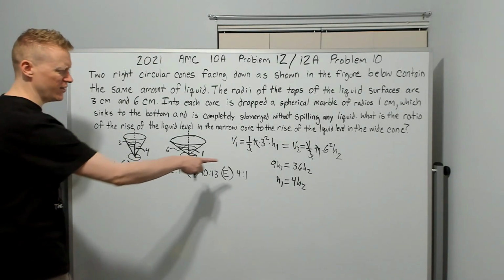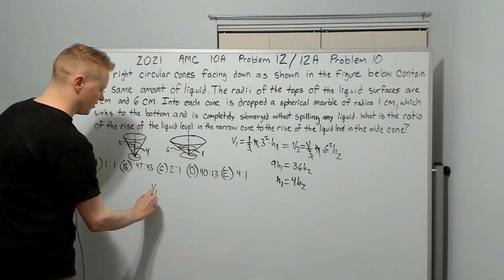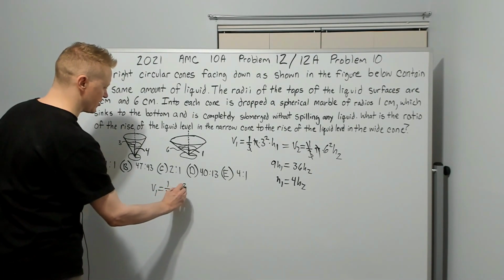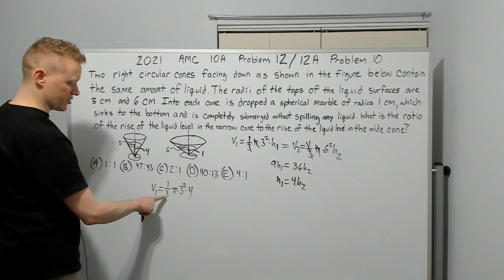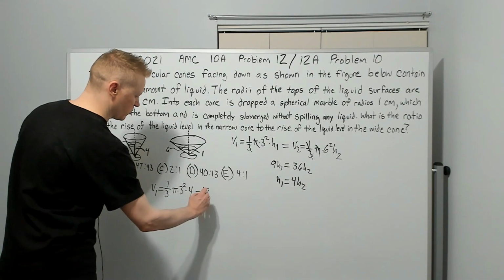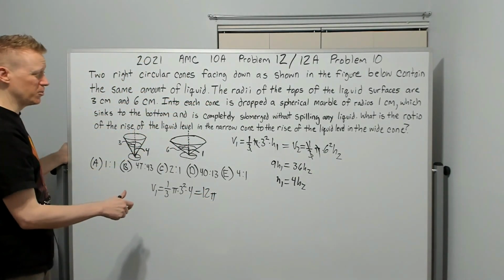And so our previous volume, now that we've assumed the height is 4, our volume 1 will be 1/3 pi times 3 squared times 4. Or it would be 9/3 is 3 times 4 is 12 pi. So 12 pi is our volume 1. And to that volume, we're going to add a marble with radius 1.